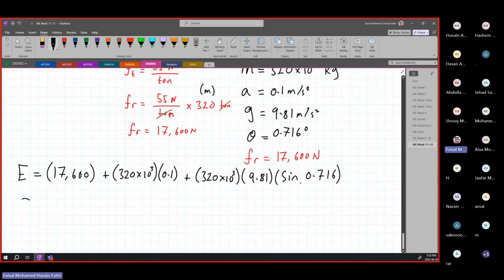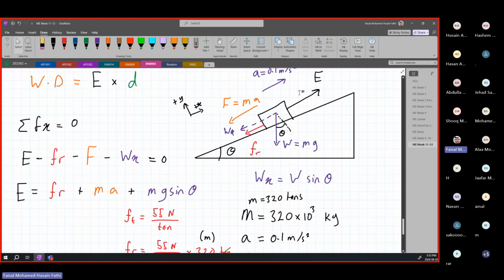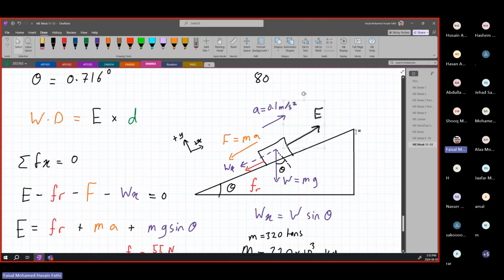Plug this all into your calculator. You're going to find the value for E, which is going to be equal to 88,828.17. So 88,000 roughly newtons. This is our E value, or in other words, this is the total applied force required to move the train 0.1 meters per second squared.